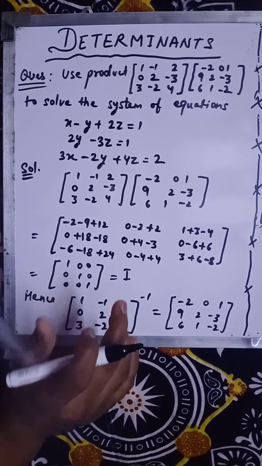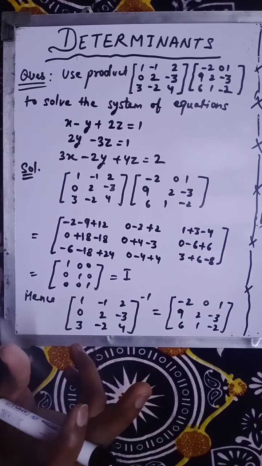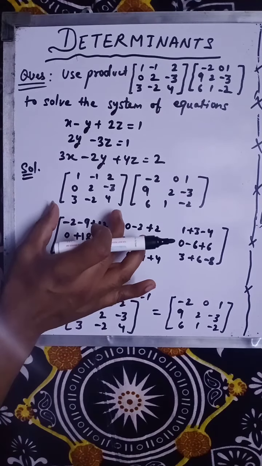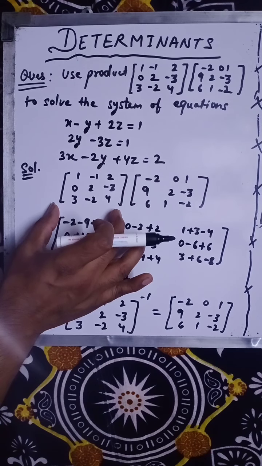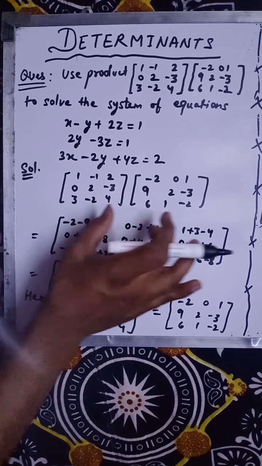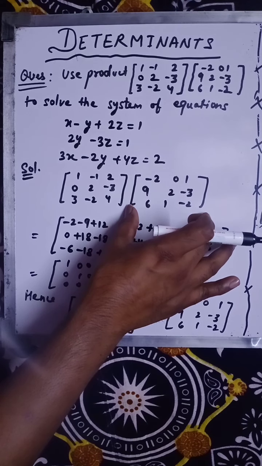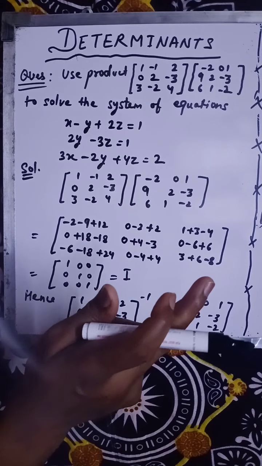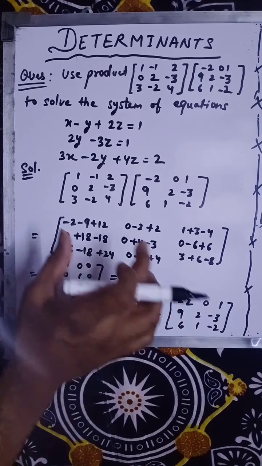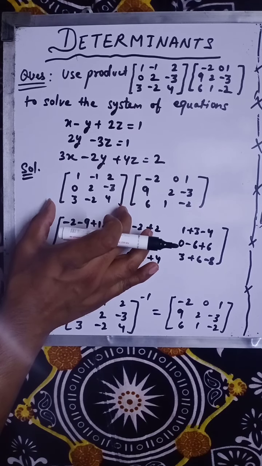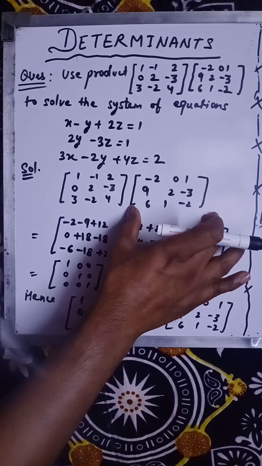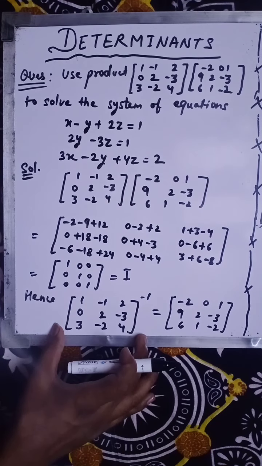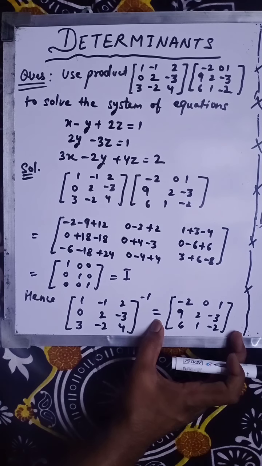If the product of two matrices is equal to the identity matrix, then the inverse of the first would be the second. So here I'm using this concept. The inverse of this matrix is this.